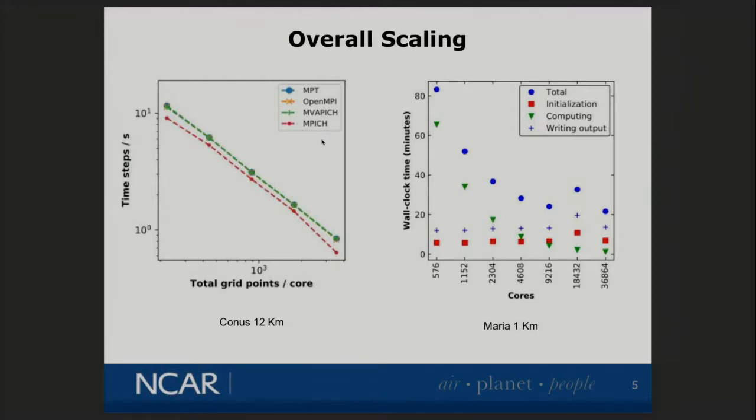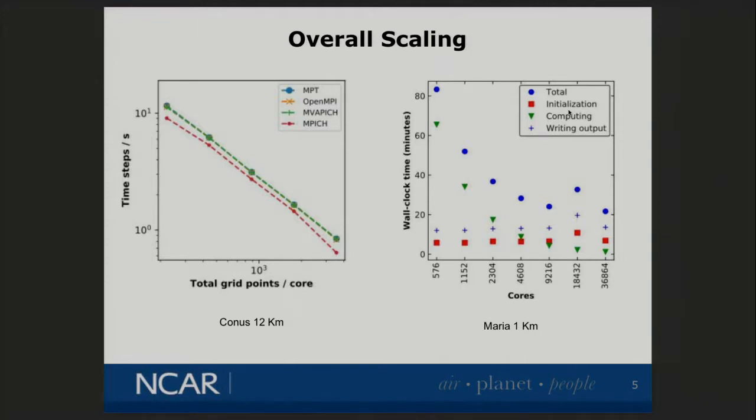You can see that except for one, all the others perform pretty much the same. The difference is in the kind of time that gets spent inside the application. So I think this is MPT, and you can see that the blue dots are basically the total, whereas initialization, for the interns, means the collectives that get issued at the beginning of the execution.